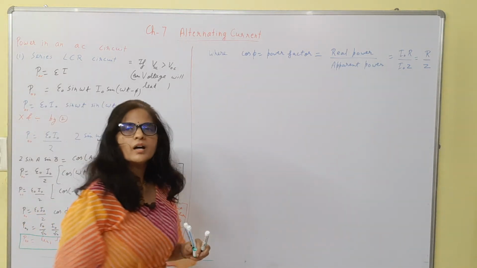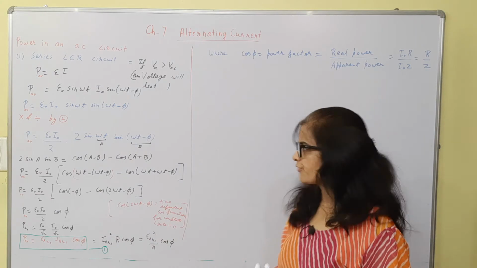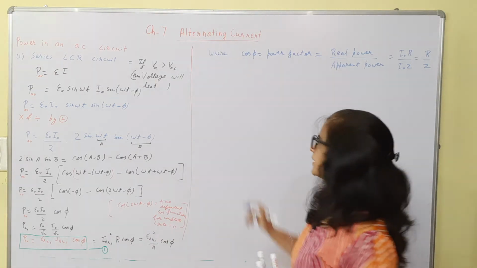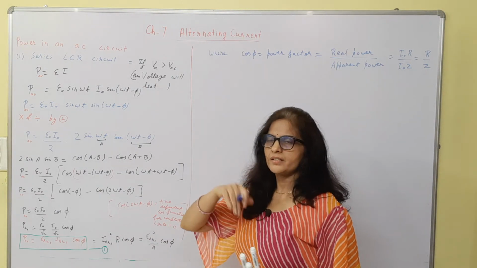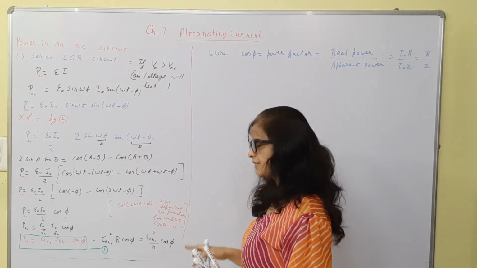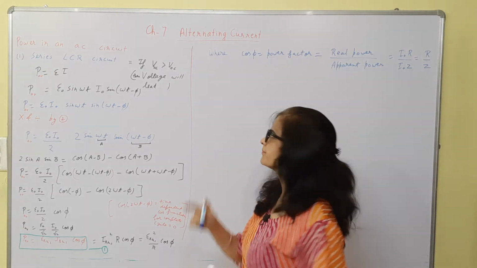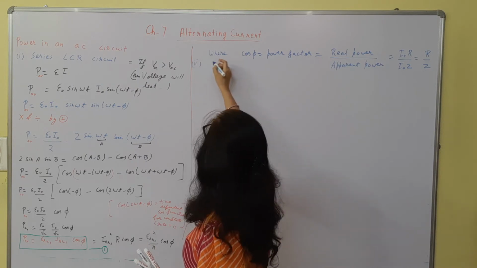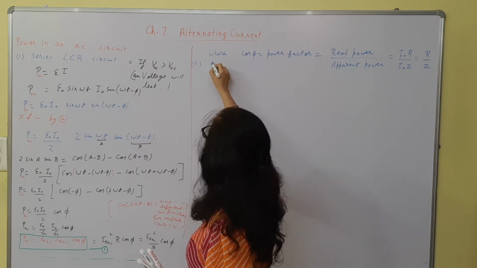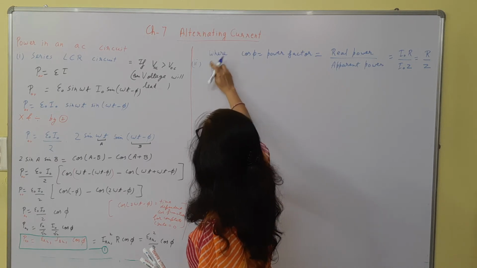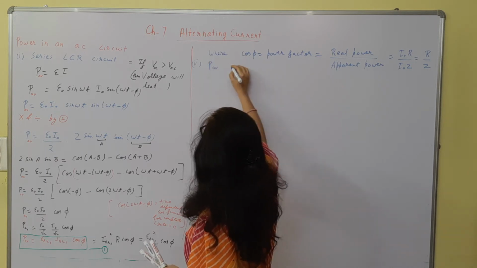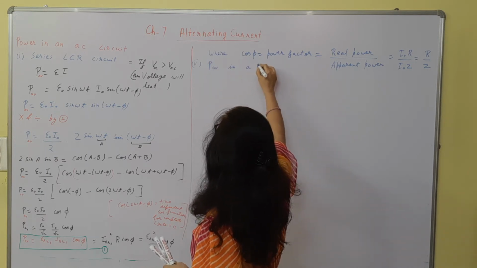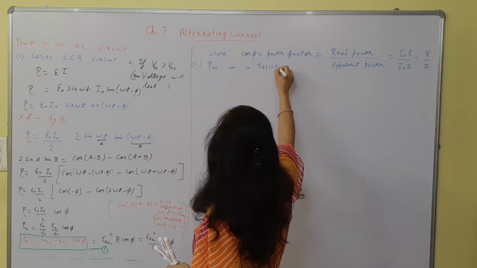I am telling you the simpler way of finding the average power in a resistor, inductor and capacitor. In the last step, we will put the phase difference value there, then we will get the power across a resistor.